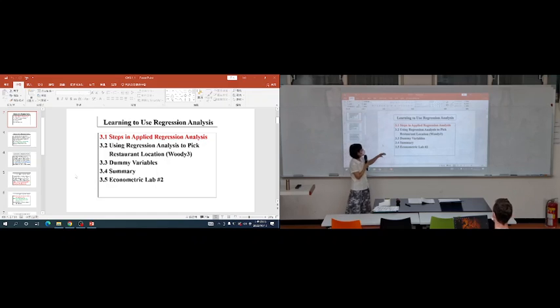Then there's another important concept from chapter 3 called dummy variables. And I think for the assignment due next month, I will ask all of you to collect the data. One of the variables is called gender, right? So it's either male or female, and that will be what we call here dummy variables.